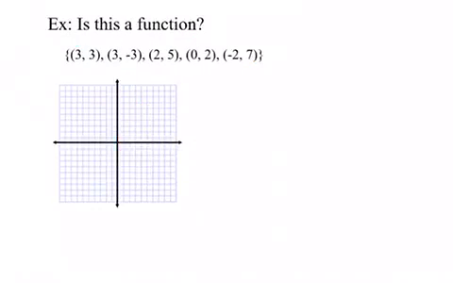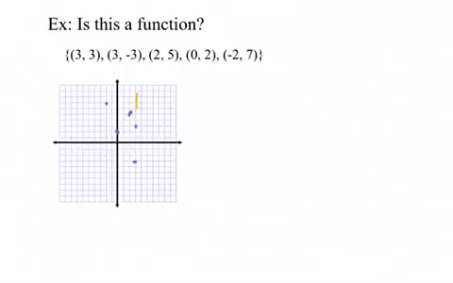Is this a function? You're encouraged to pause the video and try this one yourself, and then hit play to see my answer. Okay, I will graph the ordered pairs 3, 3, 3, -3, 2, 5, 0, 2, and -2, 7.